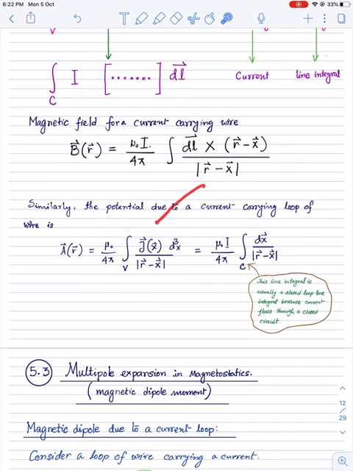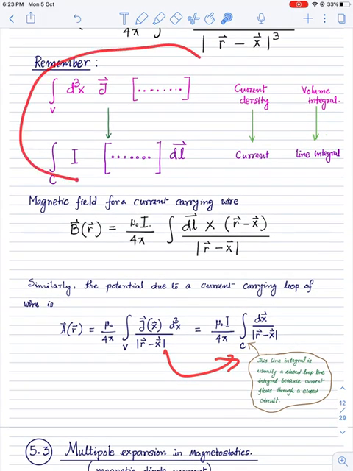You will learn that the potential for a localized source is given by J. Taking this localized current source J, the current density, and integrating it over volume V gives me the vector potential. I can also now convert it into a line integral and take the current out, and this becomes a line integral under the same mnemonic.